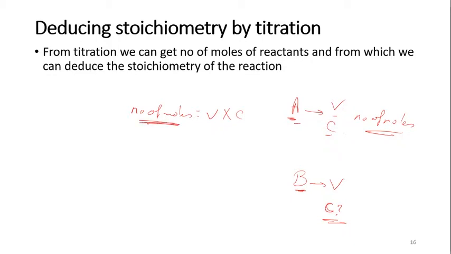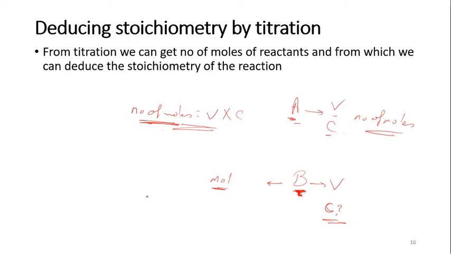And from knowing the number of moles, I can find out how many moles is reacting against B. So I can figure out the number of moles of B, and from knowing the number of moles of B, I can use the same relation to find out the C.